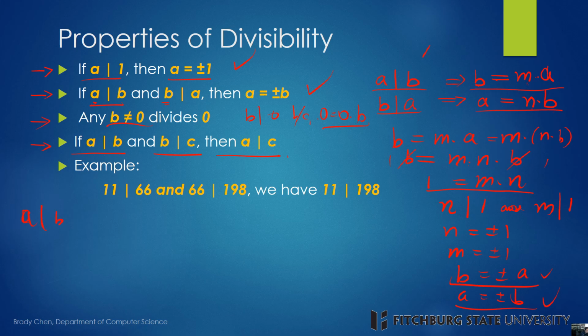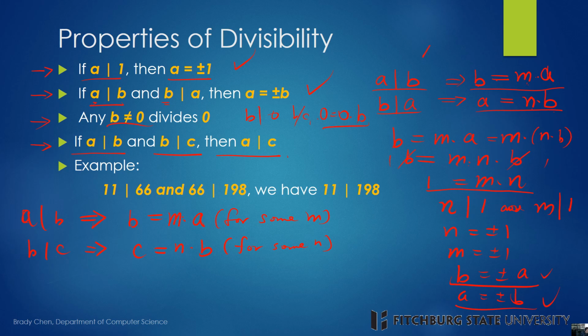A divides B implies that I can write B as A multiplied by some number m, right? And B divides C, that means I can write C as B times n for some n. That's by the definition of division.